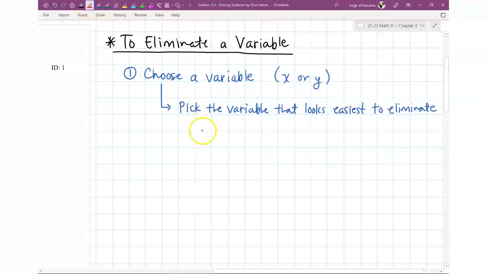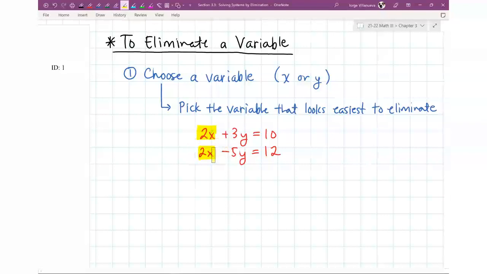Like sometimes they might give you a problem that says 2x plus 3y equals 10, 2x minus 5y equals 12. I want you guys to notice how these match. Those are the easy ones to get rid of. The x variable will be easy to get rid of in this case because they're matching. So if I just were to subtract top minus bottom, 2x minus 2x is 0.